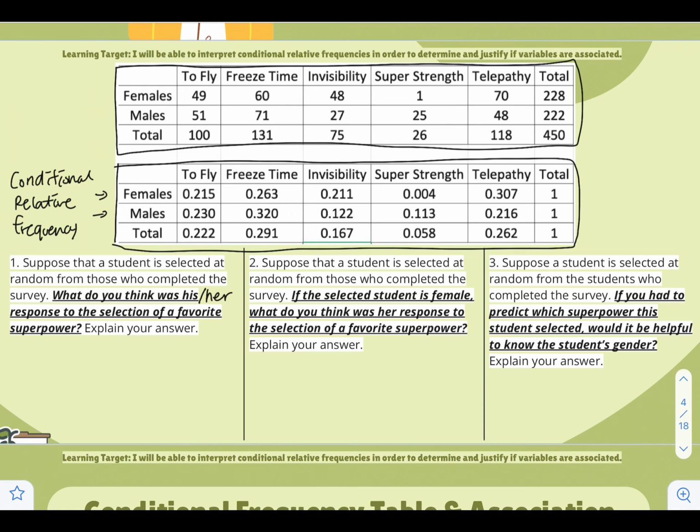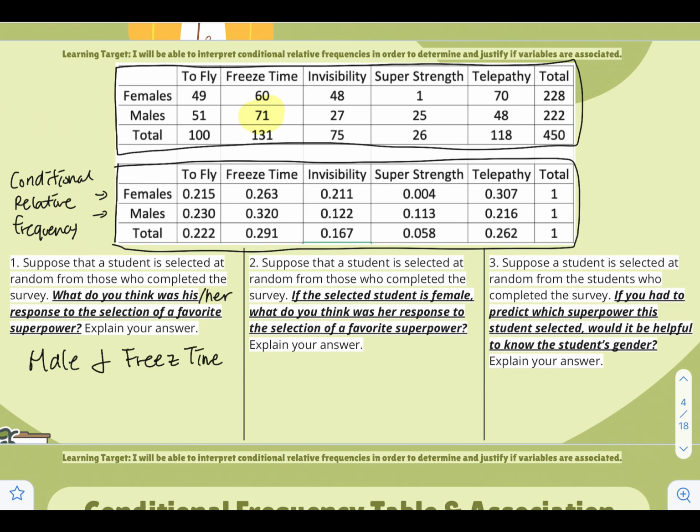The highest number that I'm seeing is over here, 71. So that should be my answer. I bet that it will be a male and freezing time, the best bet for this question. So I'll say male and freezing time.